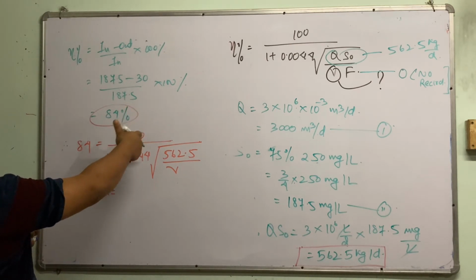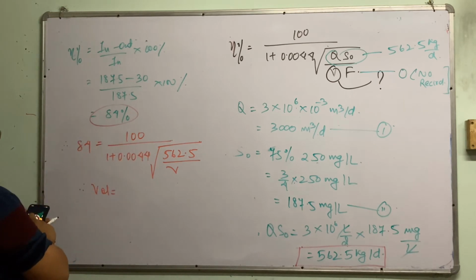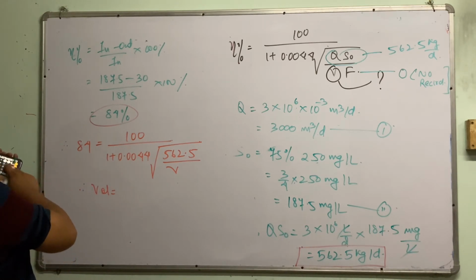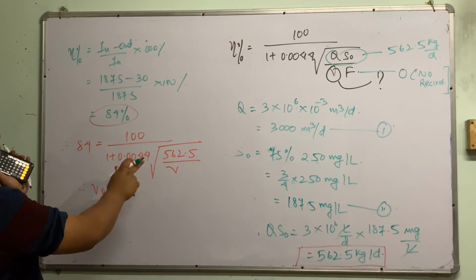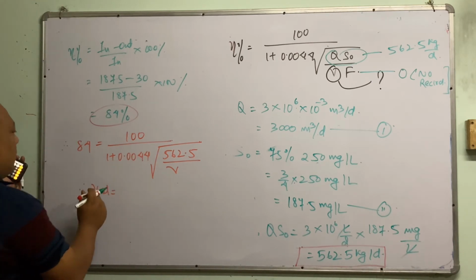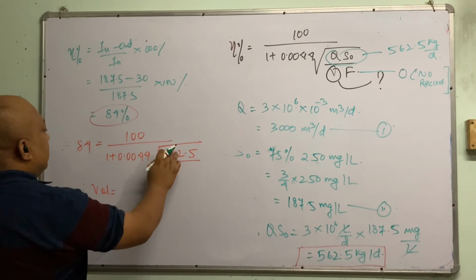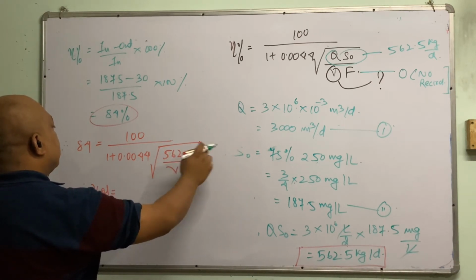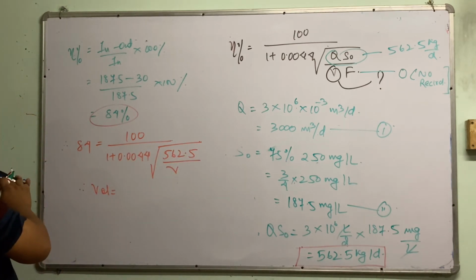This should be the reciprocal, right? So 100 by 84, minus 1, divided by 0.0044. I have to remove the root, so square. This by this is equal to this value I got. So V is equal to 562.5 divided by this value; I should take the inverse.